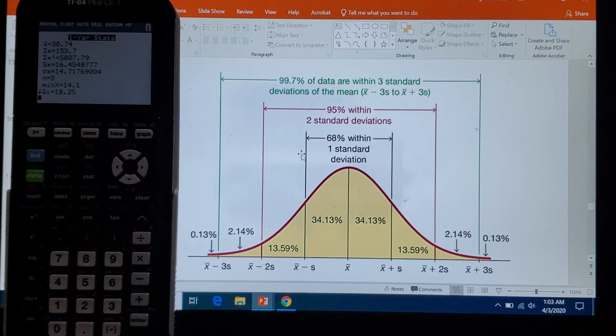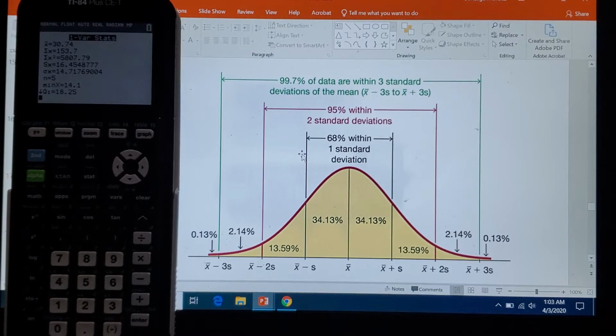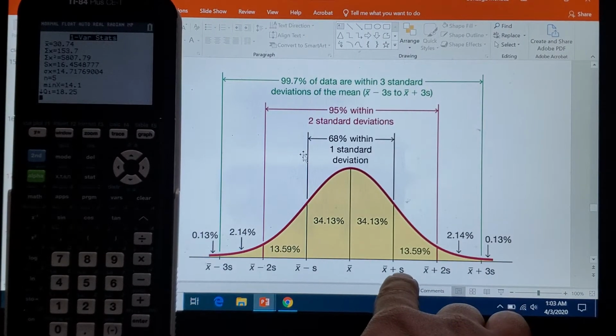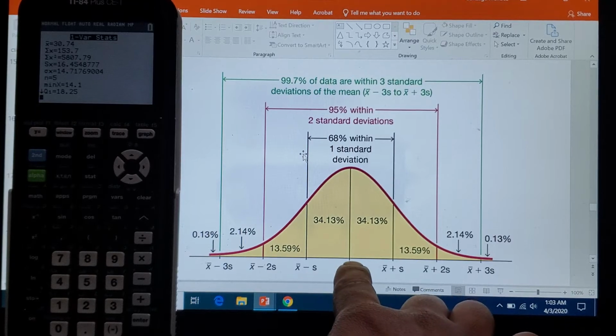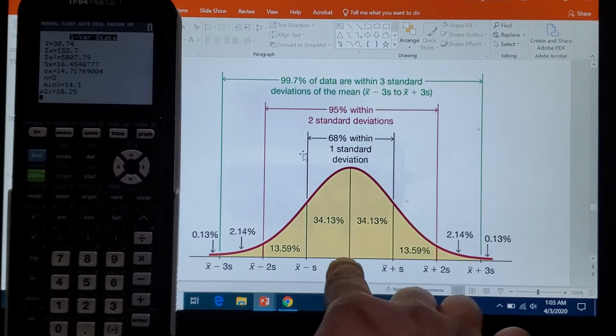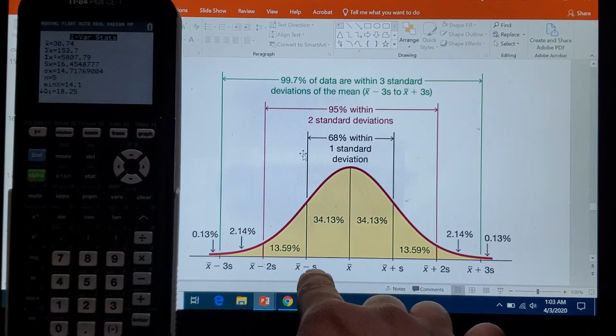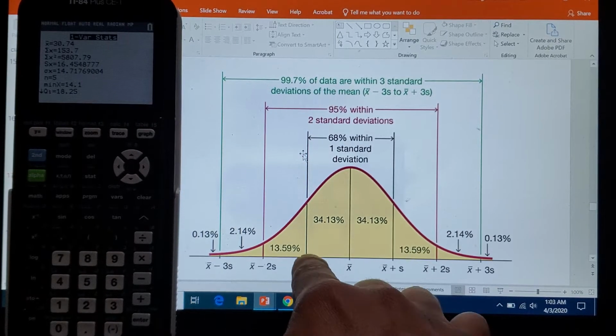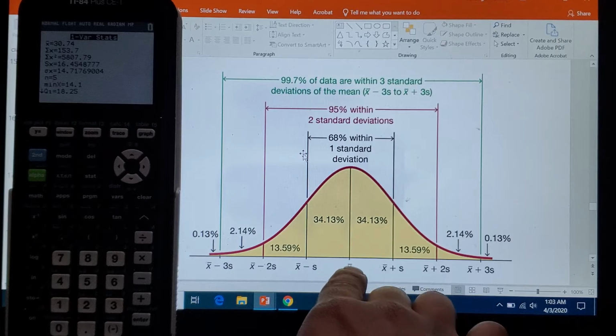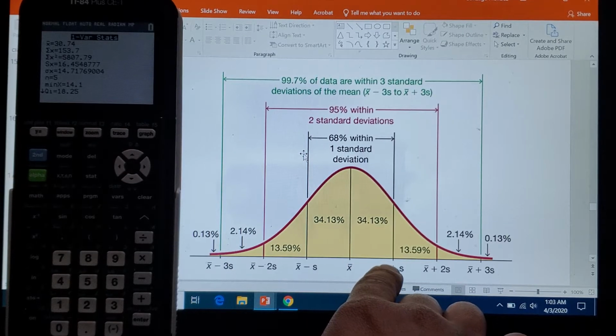Okay, so if you look down here, this is 1 standard deviation. You're going 1 standard deviation above and 1 standard deviation below. Again, this doesn't mean the standard deviation is negative. You're just subtracting 1 standard deviation and you're adding 1 standard deviation.